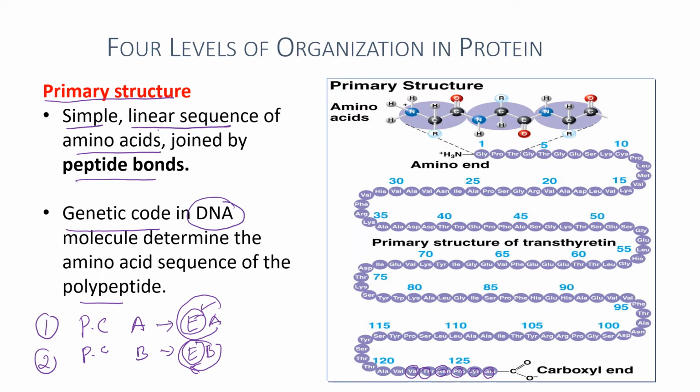Your DNA is a very large molecule that stores your genetic information. This genetic information is stored in the form of genes. Each gene will code for the synthesis of different proteins. We have gene 1, gene 2, gene 3, for example. Each of these genes will synthesize a polypeptide chain with a different amino acid sequence.